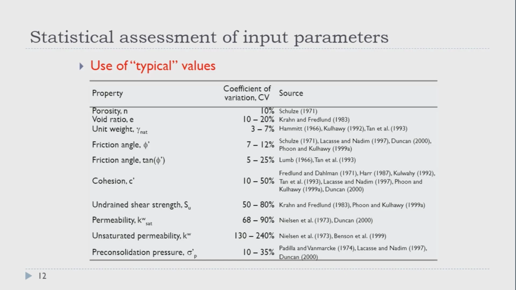Cohesion typically has a much higher range, and undrained shear strength even higher.